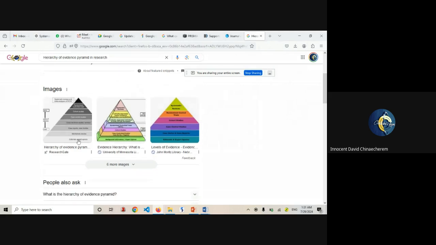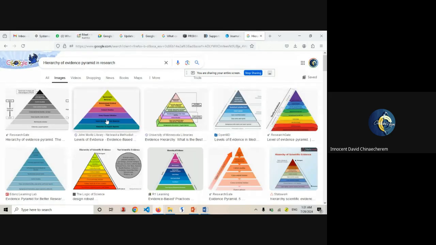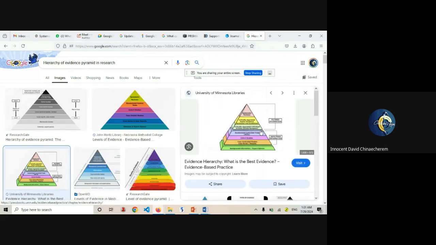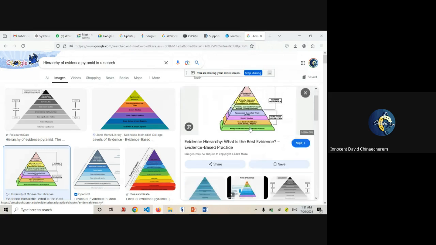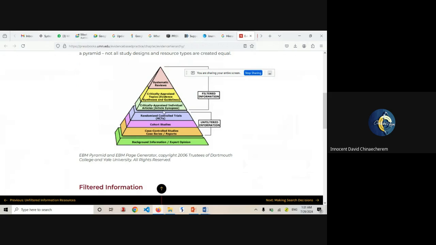So this is the hierarchy. You're going to see diverse types of pyramid. It's just all about the relevance we give to the quality of evidence. So this is just like a step, it's still the same thing, right? When you look at it, you find background information, case control. So systematic reviews are at the top. So you can actually look it up and that's it.